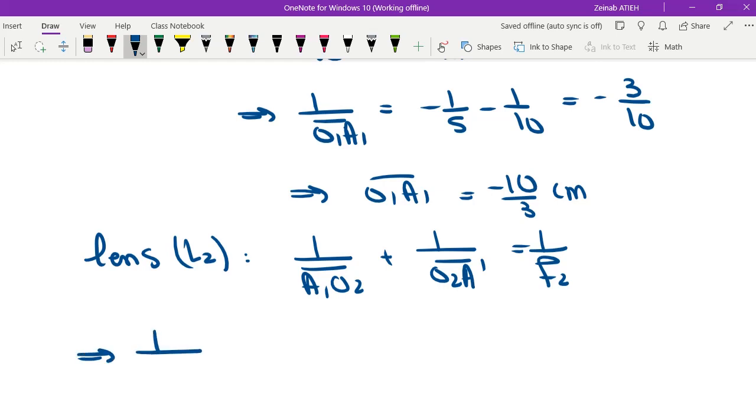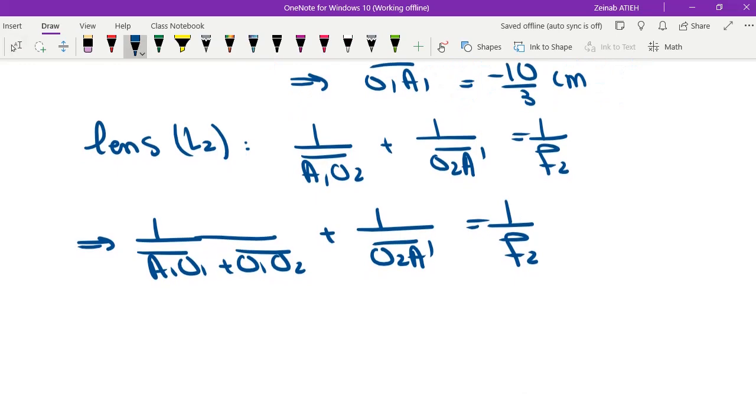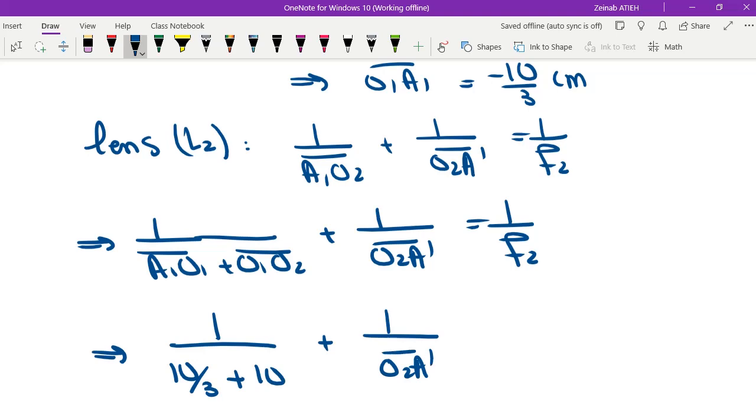Implies 1 over A1O1 plus O1O2, like this, plus 1 over O2A prime equals 1 over F2. نحن جبنا O1A1 طلعت معنا minus 10 over 3, so we will substitute here: 10 over 3 plus 10, plus 1 over O2A prime equals 1 over 10, like this.